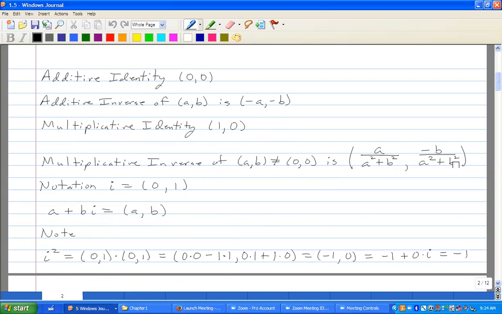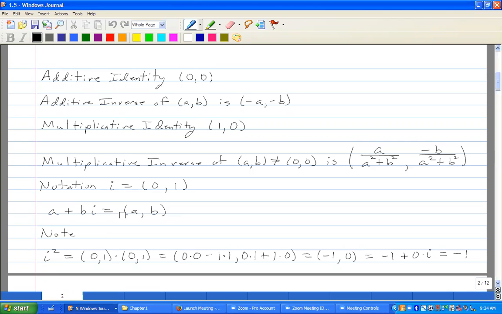I will use the following notation. I'll let i equal the ordered pair (0, 1). And so the ordered pair (a, b) will be denoted by a plus bi.